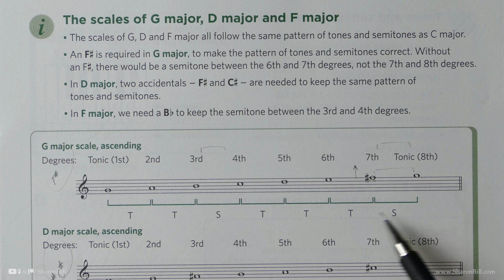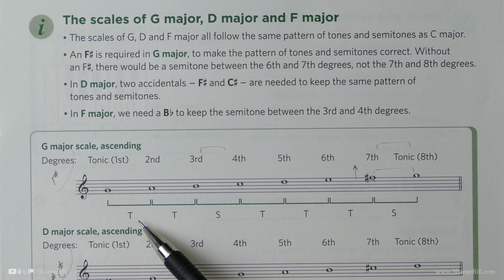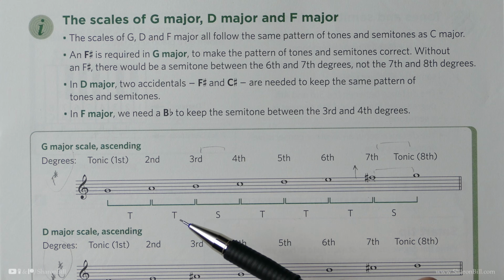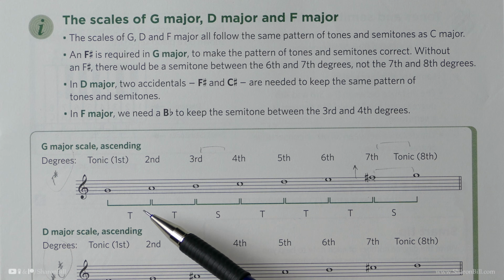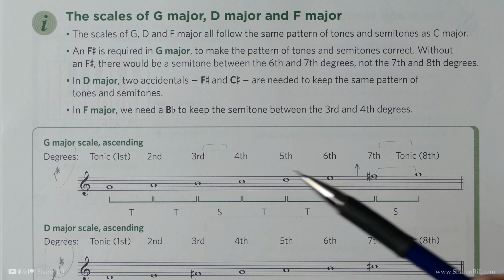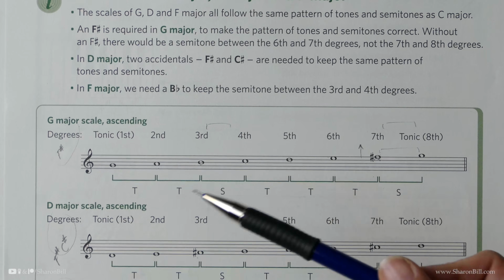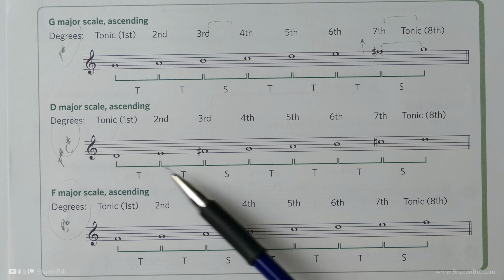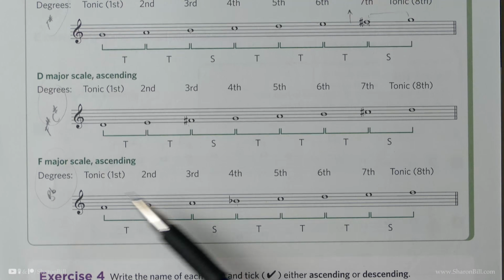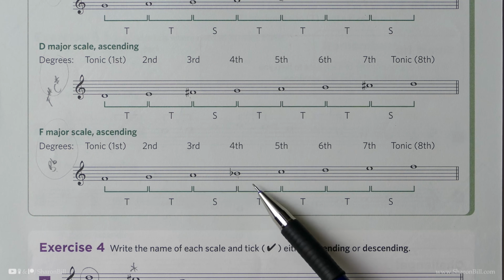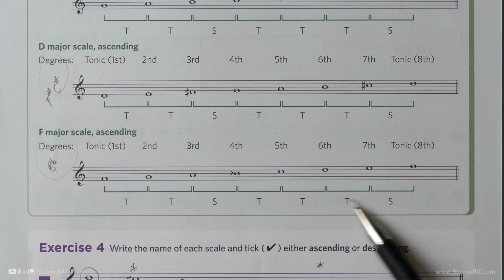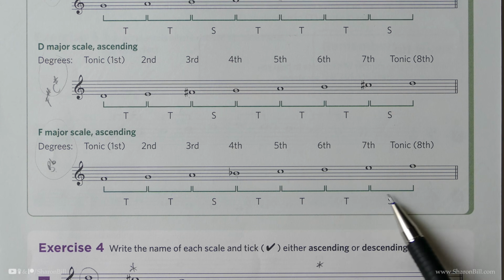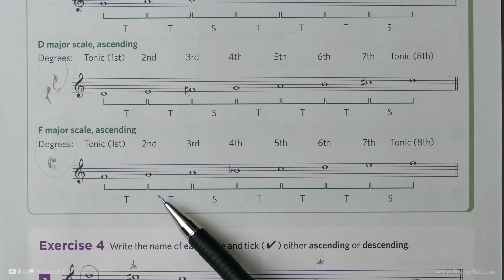The other steps are full steps or tones, and in order to make that happen, we need to remember that C major doesn't need any changes at all, no sharps or flats. But to make that pattern, we need to remember that G major has F sharps, D major requires an F sharp and a C sharp, and F major requires a B flat in order to make that proper arrangement of tones and semitones, which creates the major scale sound.